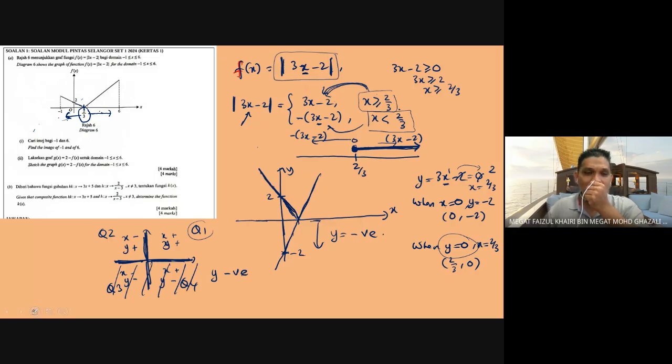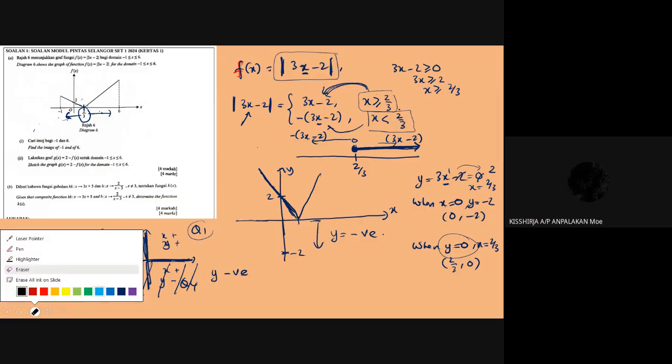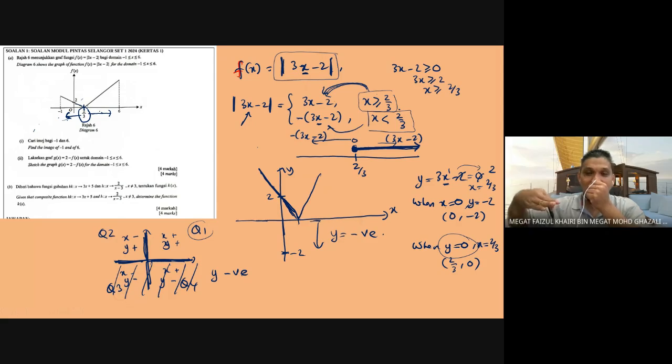So what's going to happen to the graph below the x-axis? The graph below the x-axis is where all y is negative. But with the absolute value sign, y is always positive, which is above the x-axis.